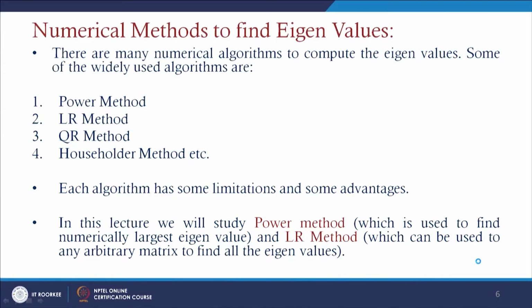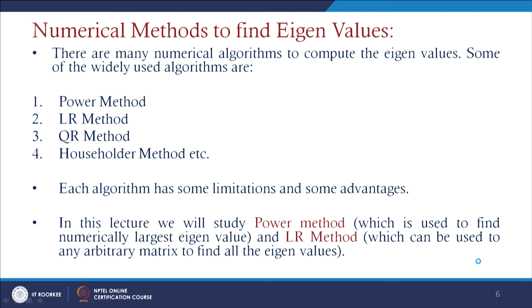For the computation of eigenvalues, there are many numerical algorithms. Some of the widely used algorithms for finding the eigenvalues are the power method, LR method, QR method, and Householder methods. But each method also has certain drawbacks.